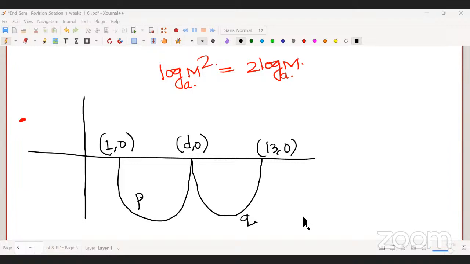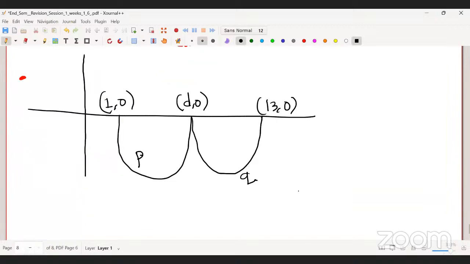The y coordinates of the vertices of P of x and Q of x are the same. That means if you draw a line through these two points, it should be horizontal.